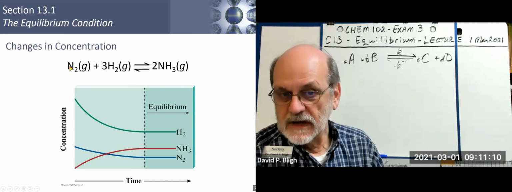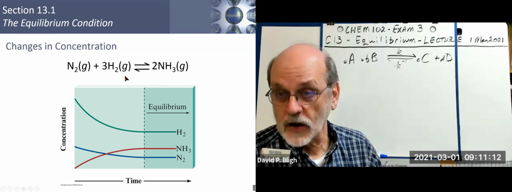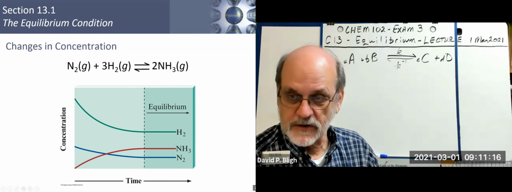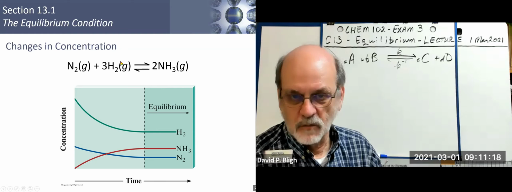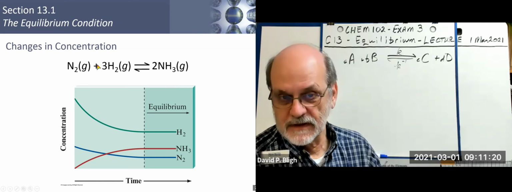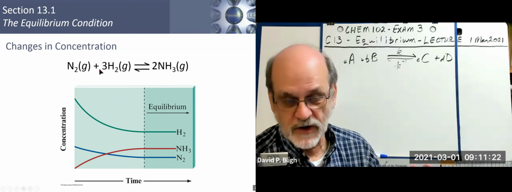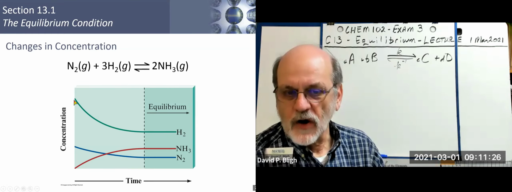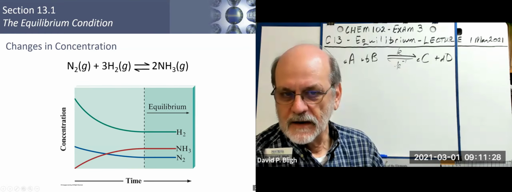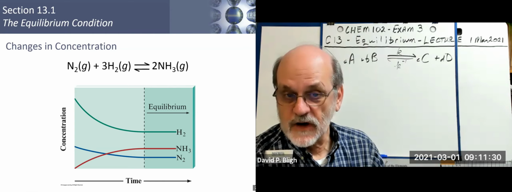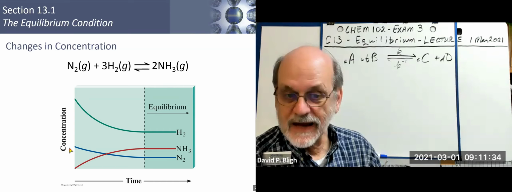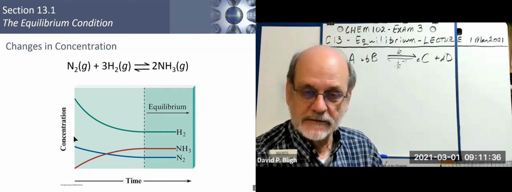And if you put nitrogen gas and hydrogen gas in a closed cylinder and create the correct conditions, such as temperature and pressure, of course, pressure will increase their concentration. So pressure is another issue. You start off with only the concentration of hydrogen and nitrogen, the green and the blue lines.